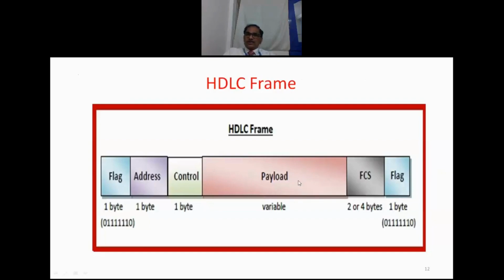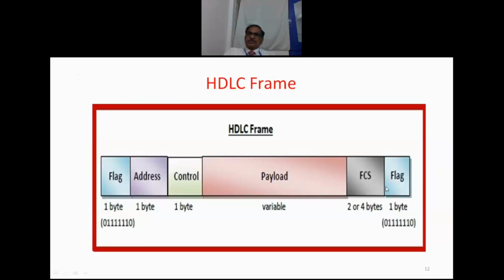Generally the maximum size of the frame is around 1500 bytes. Most of the protocols support a data size of around 1500 bytes for the payload.